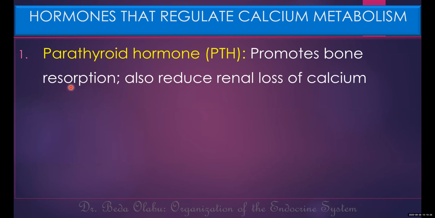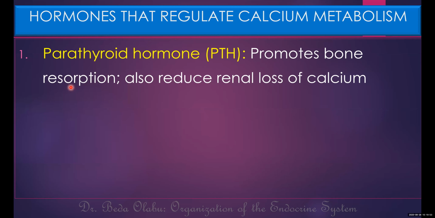Suppress. Okay. If you resorb bone, it means you're breaking down bone. If you break down bone, the calcium that is in bone becomes released into the plasma. So parathyroid hormone will not really suppress calcium levels.